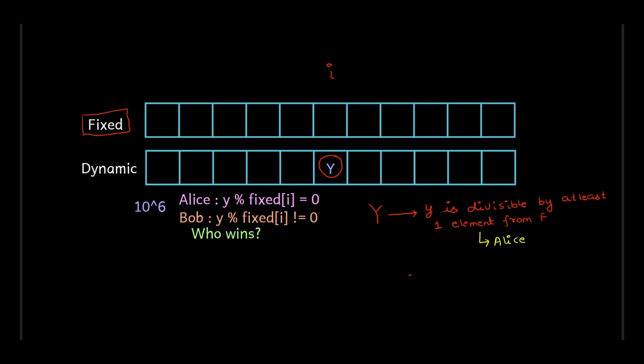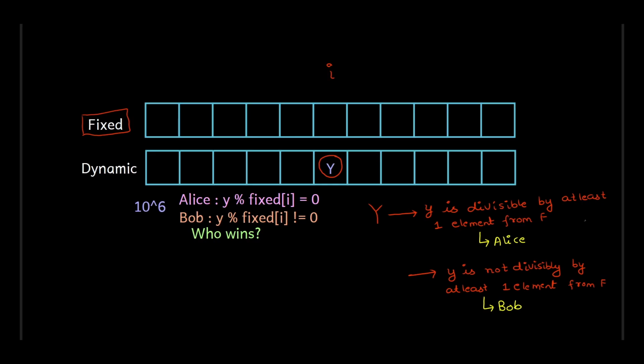When will Bob be able to remove this element? You can clearly see that if y is not divisible by at least one element from F, and if this condition is satisfied, then Bob will be able to delete this y.